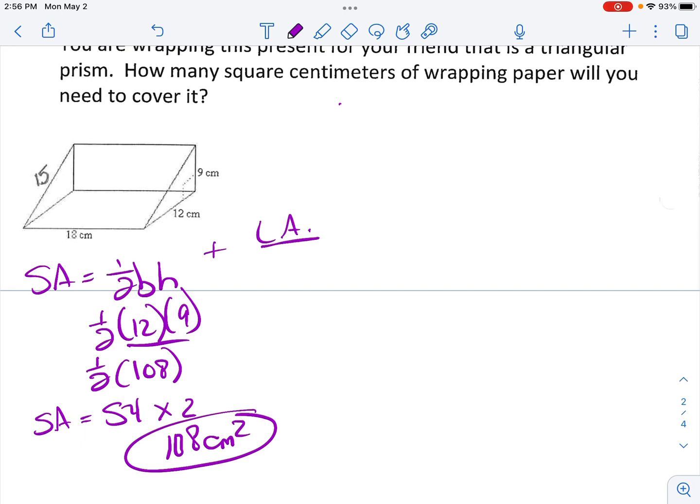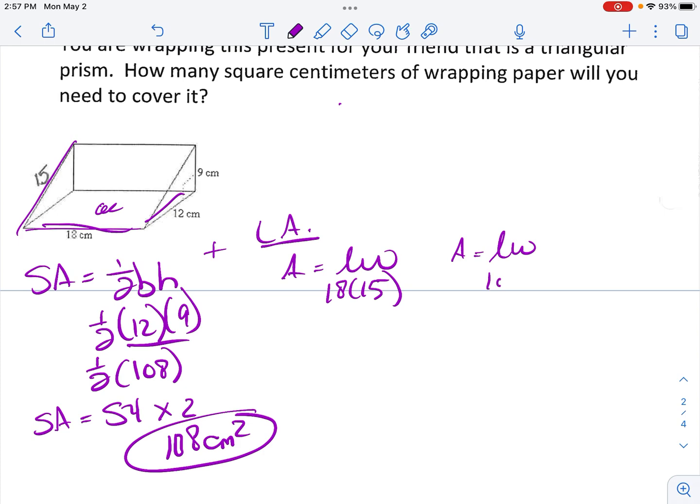Okay, so let's see. We've got the 3 rectangles. So one of them I see is 18 by 15. I see it at the bottom in here, I've got 18 by 12.